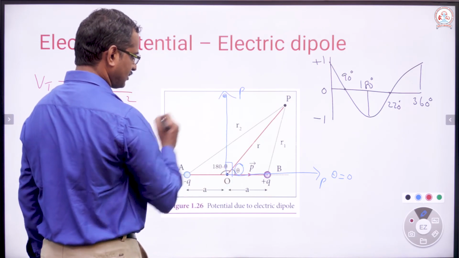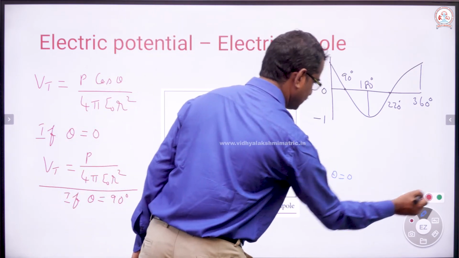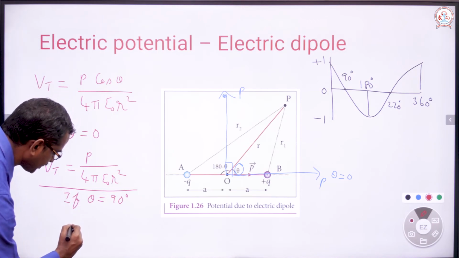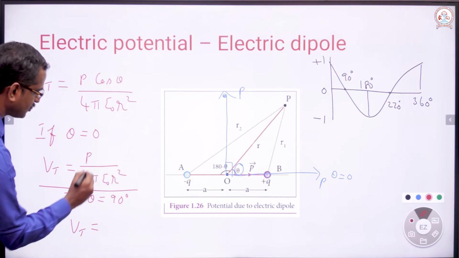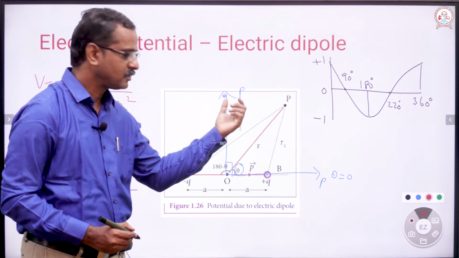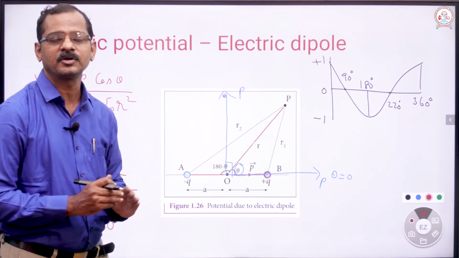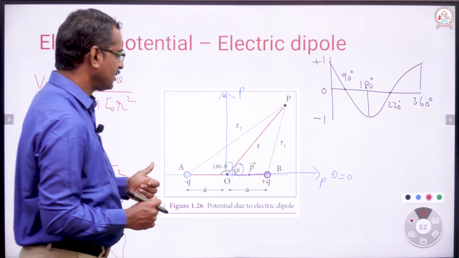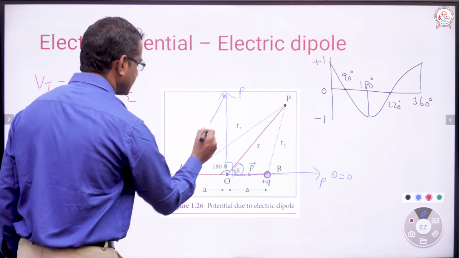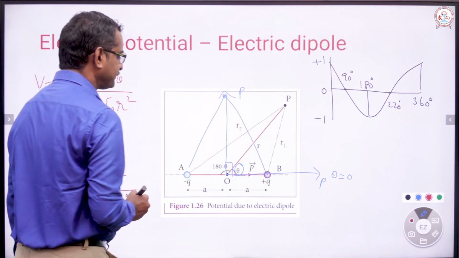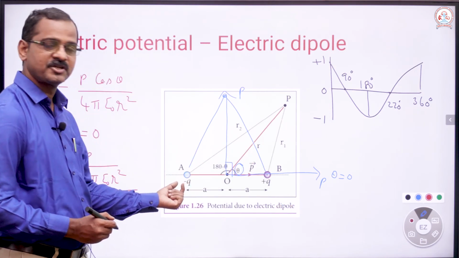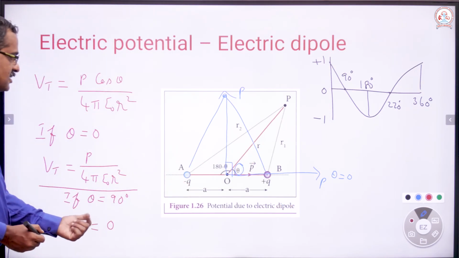In that case, cos 90 is 0, so the total potential is 0 divided by anything, which is 0. The total electric potential at the point P on the equatorial line is 0. It is because the point is equidistant from both charges. You can see that both distances are the same. Then the electric potential due to plus q is cancelled by the electric potential due to minus q. Then the total potential is 0.